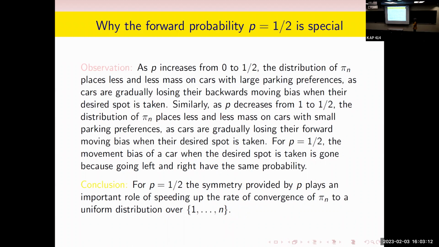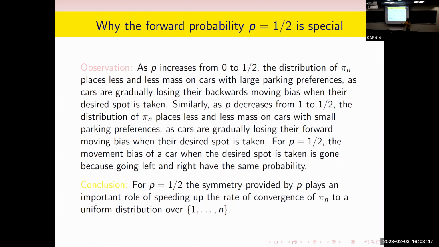So now let's see. Earlier we hinted that for p equals 1/2, it converges to the uniform distribution much faster than at other p-values. So why is that true? First, we will provide some intuitive arguments, and then we will prove it rigorously. Intuitively, as p decreases from 1 to 1/2, the distribution of pi_n will place less and less mass on cars with small parking preferences.